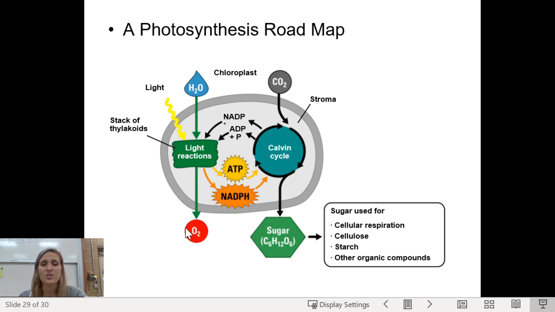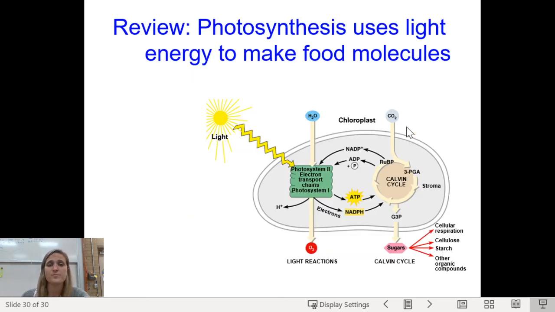Again, the light reaction side, you're using water and sunlight going through the light reactions in the thylakoids, and out of it you get oxygen. And then it gives ATP and NADPH2 to the Calvin cycle side, or the dark reaction side. And then you have CO2 that is used to make the sugar.